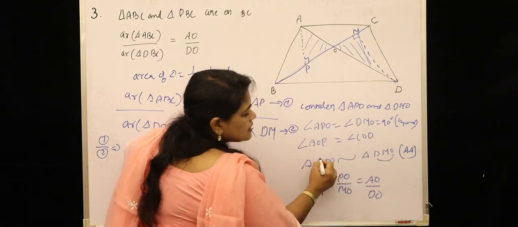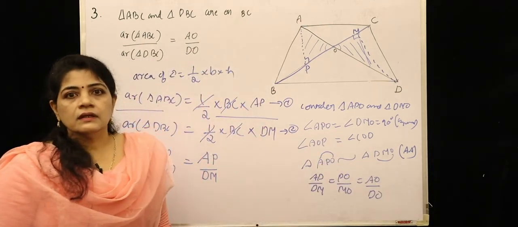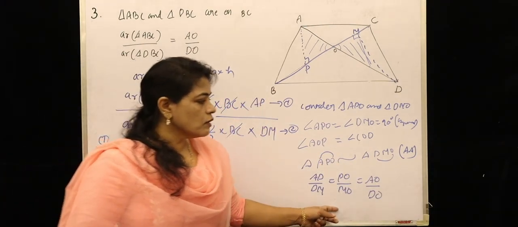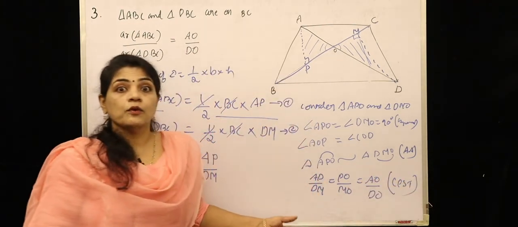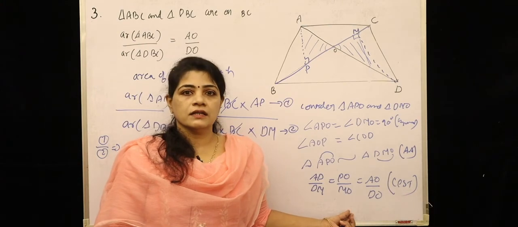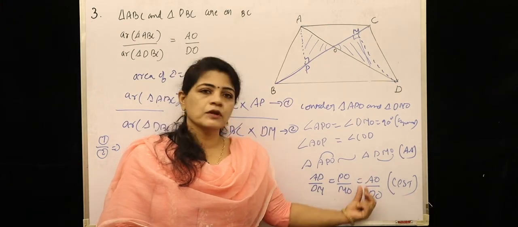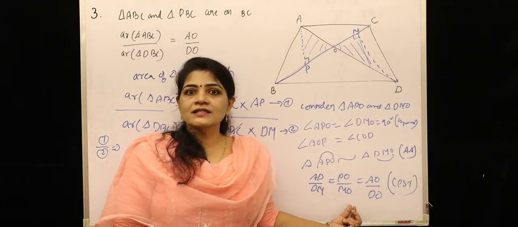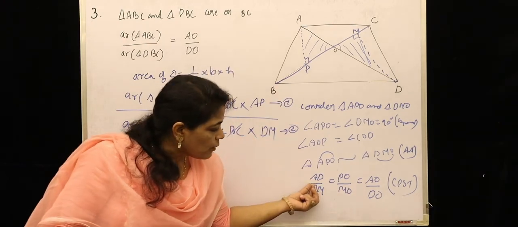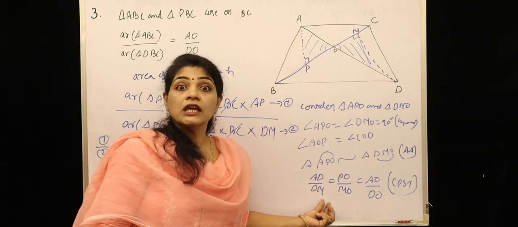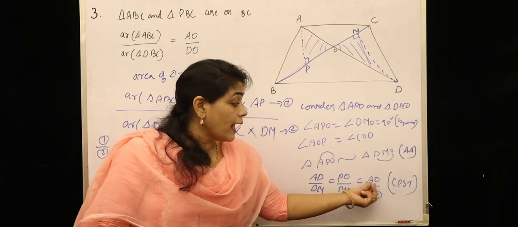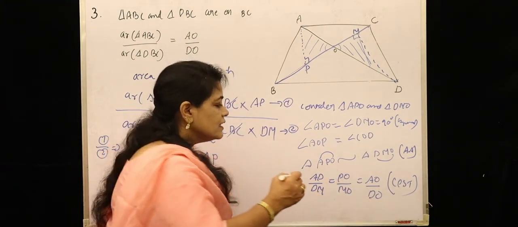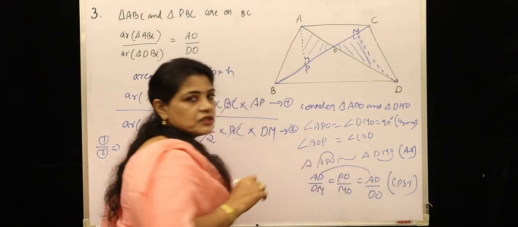Yes? See children? That means, why? Because by CPST, corresponding parts of similar triangles, corresponding sides are in the same ratio. Now where have we reached? See children, AP by DM, we got equal to OP by MO and also AO by DO, but we need the first and third relation.